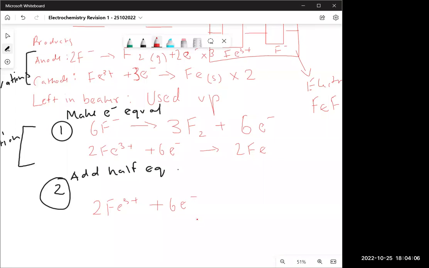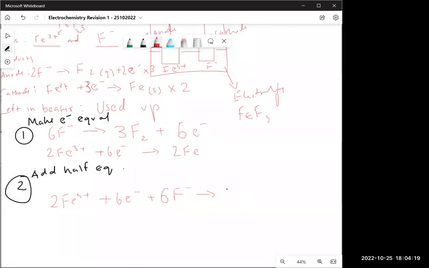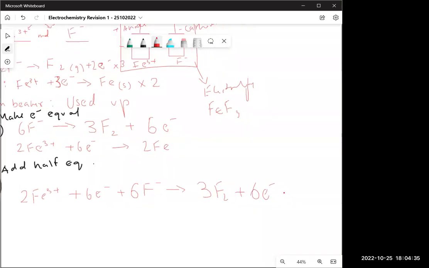Now next, gives us plus 6 F minus, which gives us 3 F2 plus 6 electrons. Again, electrons.